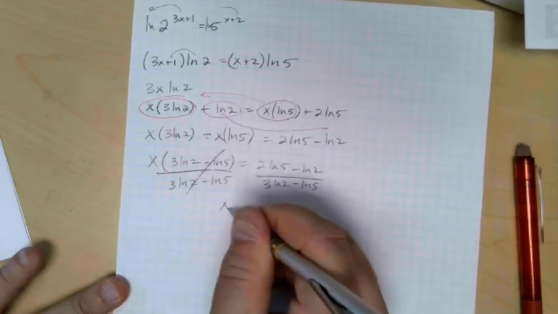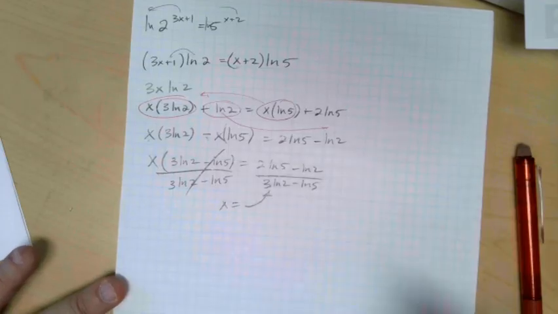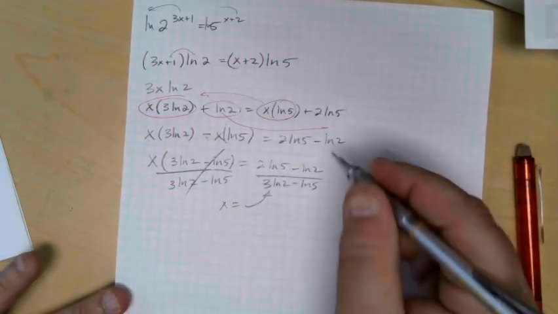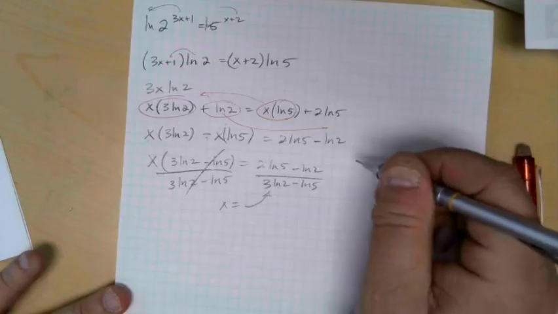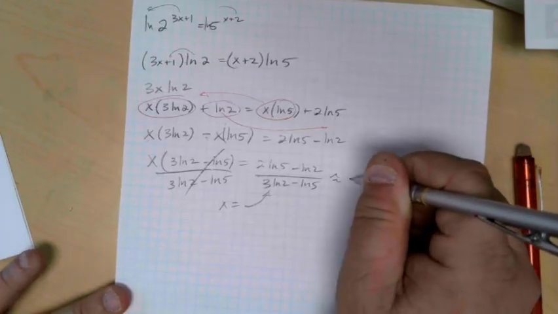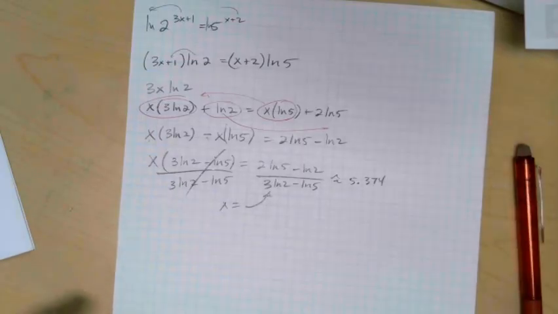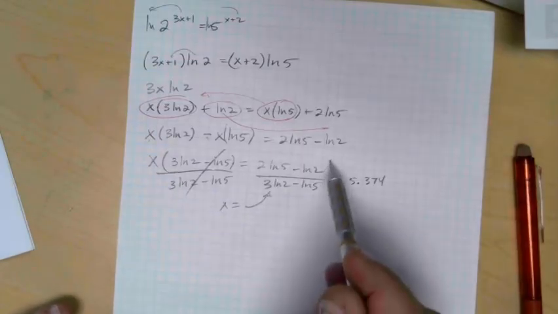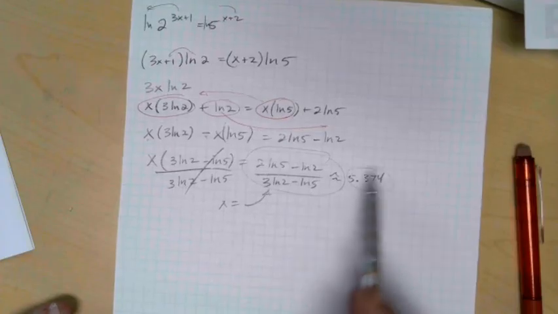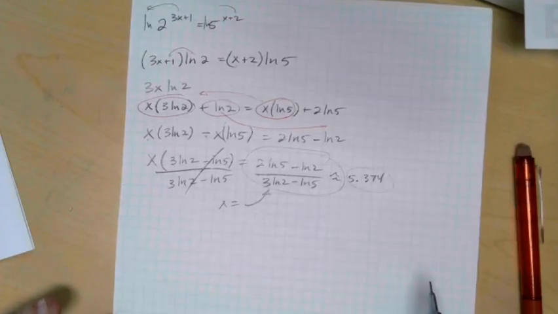And I get x is equal to that thing, which as a decimal is about 5.374-ish. Okay? So I'm looking for something like that. Whew.